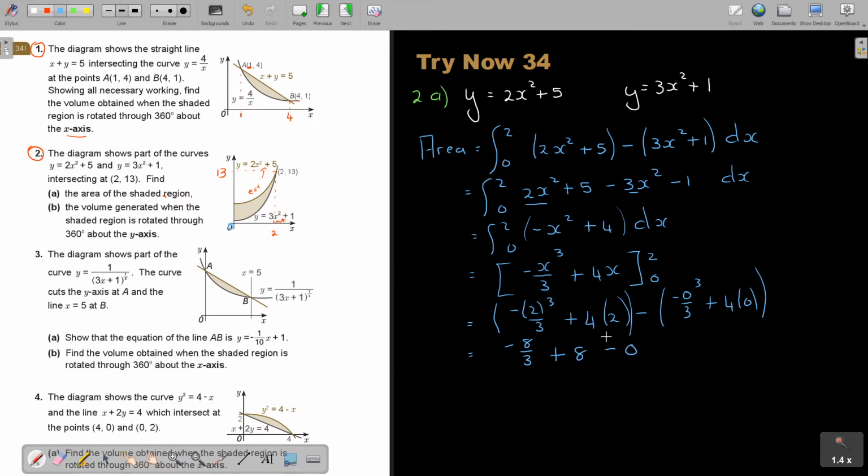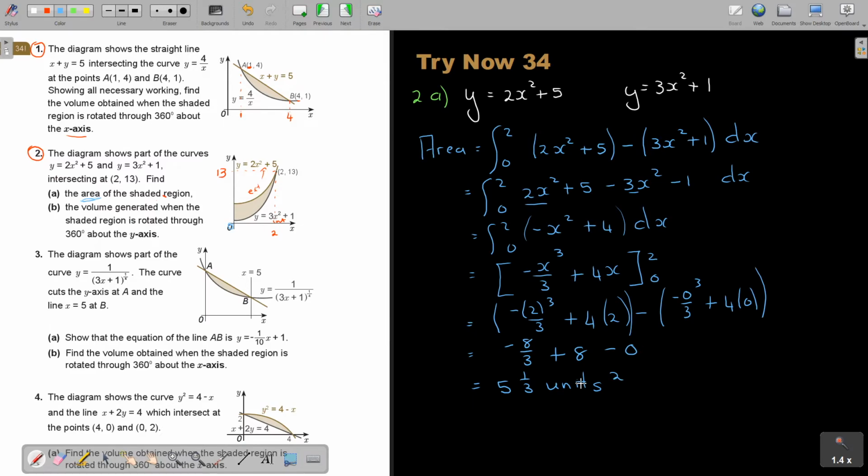And the final answer will then be 5 and 1 over 3 units. Now that is units to the power of 2, not 3. Okay, so this is area, and that's why it's to the power of 2.